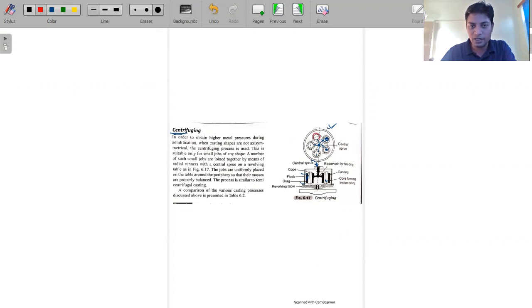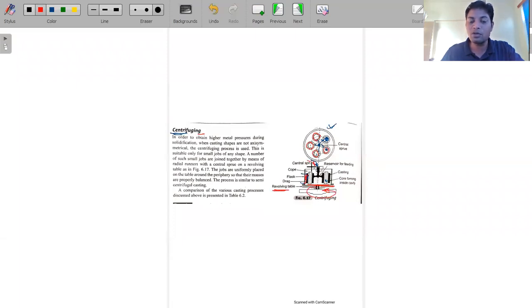So this fills these areas along the length, throughout the hollow cylinder, okay. We call it centrifuging, or part of centrifugal, because the fixture is mounted on a revolving table, so this is also rotating.